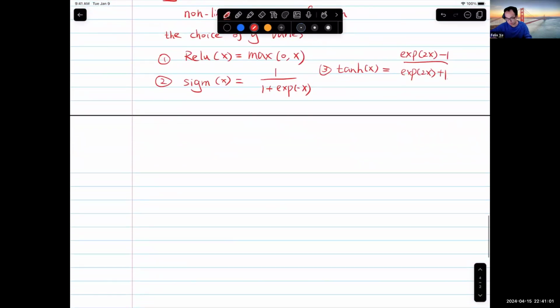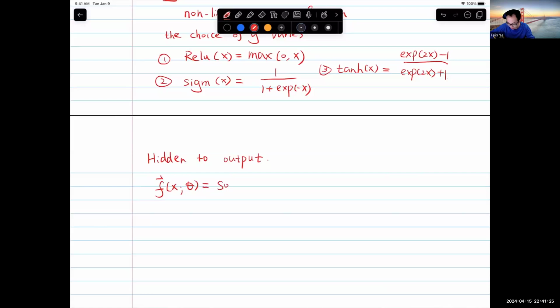From hidden to output, we take information from the hidden neurons to get the output neurons.